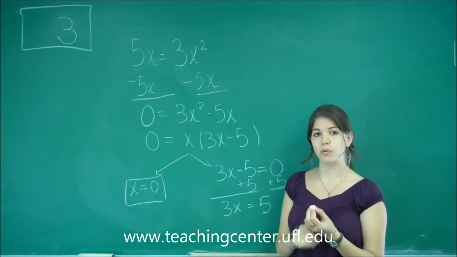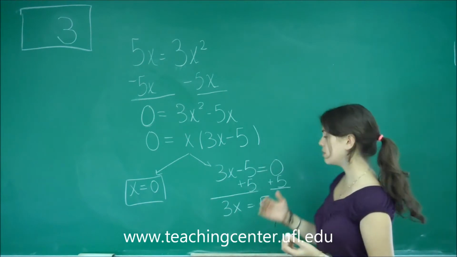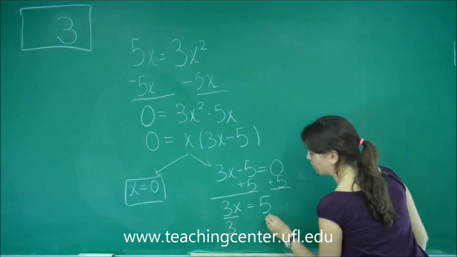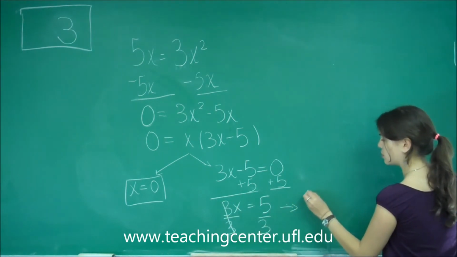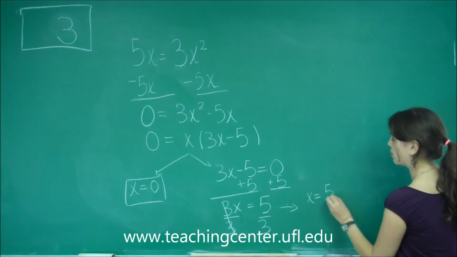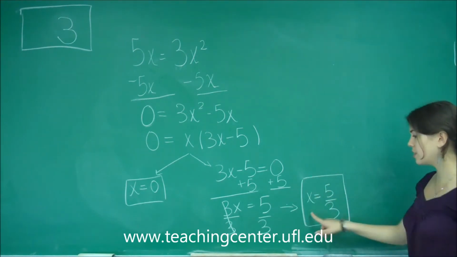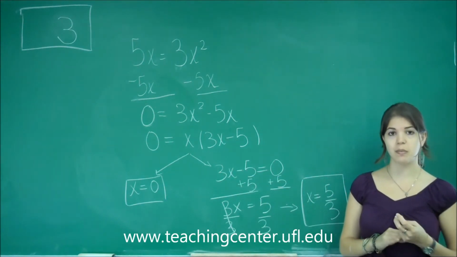Dividing by x will get rid of one of the solutions for x, but you can divide by numbers still, so don't get that confused. So dividing both sides by 3, this cancels out, and I get my solution to be x equals 5/3.